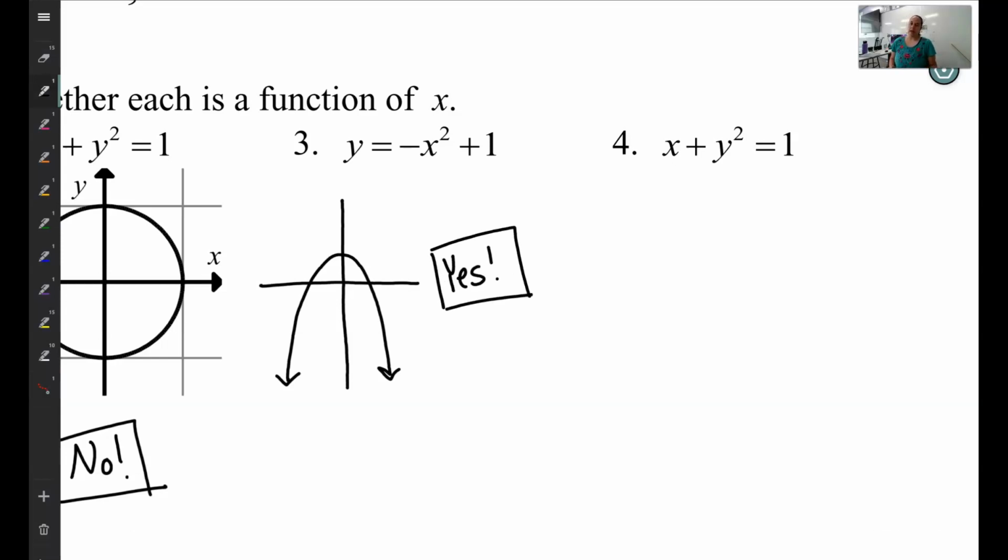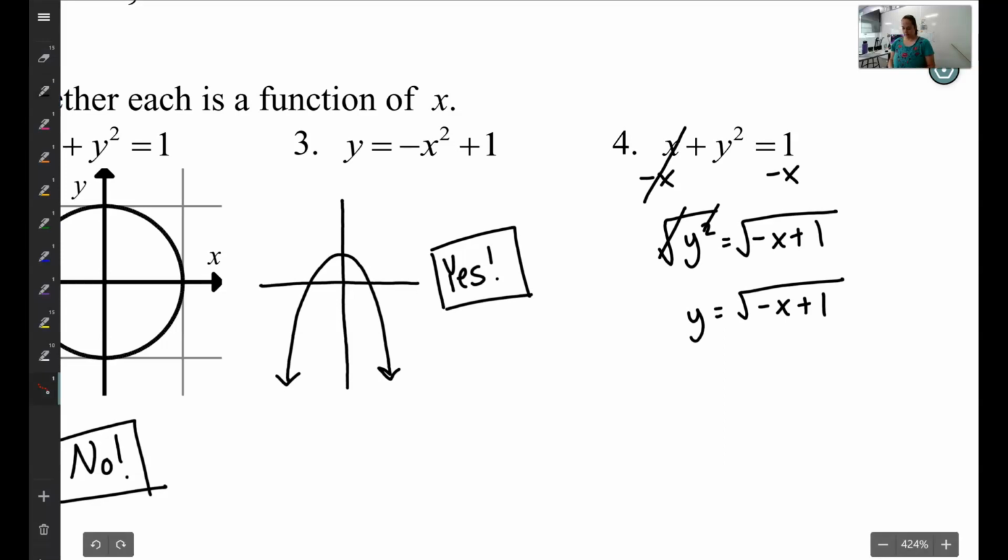Now, this last one is a little funky. So what I want you to do really quickly, pause the video, solve this equation for y, and we'll double check to make sure you got the right answer. Okay, if this is what you got, that is wrong. Reminder, if you're doing roots, your answer is plus and minus.